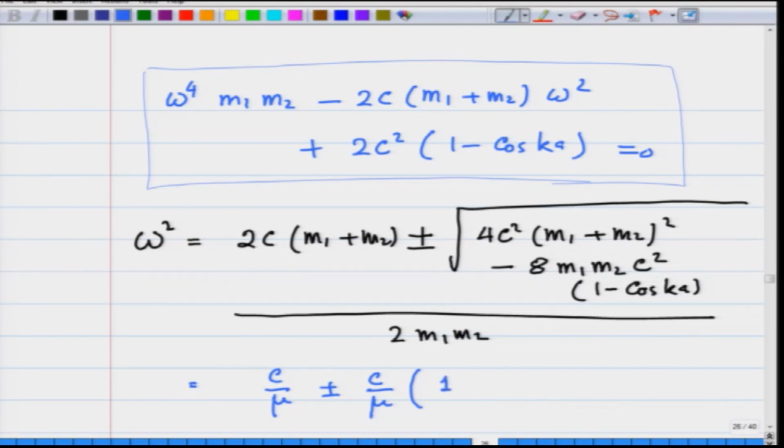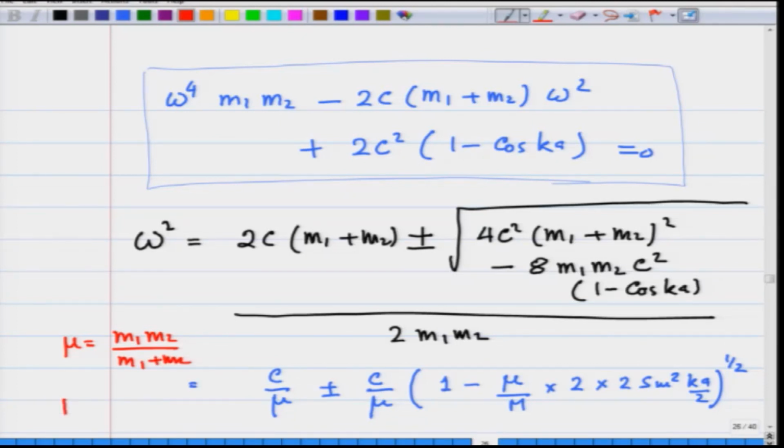So, I get 1 minus mu upon m, 1 minus cosine k a is 2 sine square k a by 2, and there was a 2 left from when I took 4 out. So, times 2 sine square k a by 2 raised to 1/2, where let me write for completeness on the left hand side, mu is the reduced mass m1 m2 over m1 plus m2, and m is the total mass of the molecule.